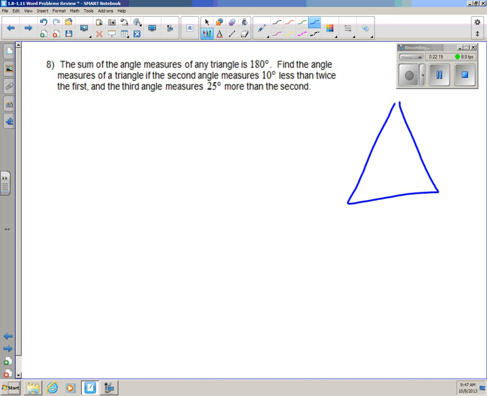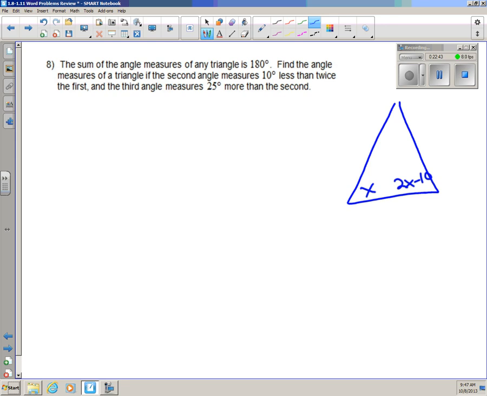I know that one of the angles measures, if the second angle measures 10 less than twice the first. Well, I don't know what the first one's going to be, but the second one is going to have to be 10 less than whatever twice that is. The third angle measures 25 degrees more than the second.